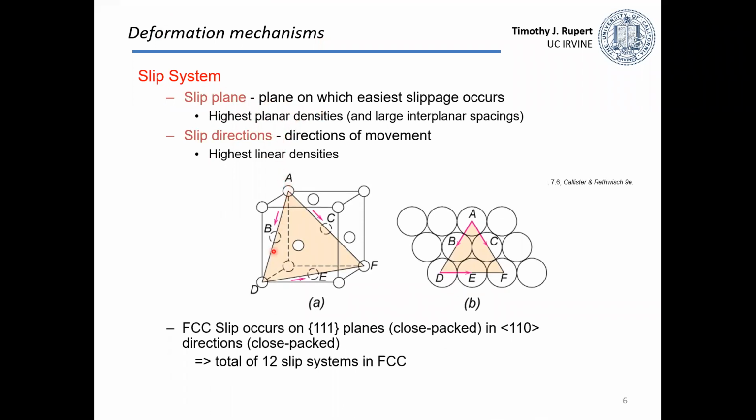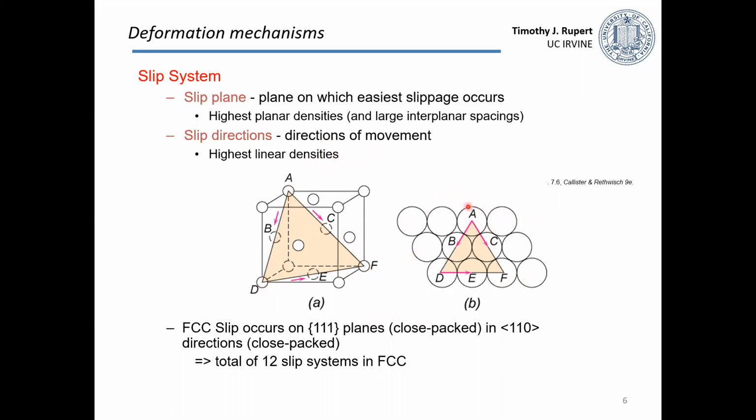So we mentioned that the close packed planes were the 111 plane. That's where the atoms are touching along the lines of these triangles. Okay. This picture on the right is showing the atoms at full size. You can see again that they're touching there. So those directions along which they're touching are going to be our closest, our highest linear densities, and those are going to be our slip directions.